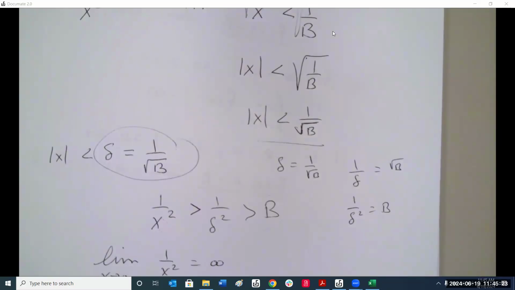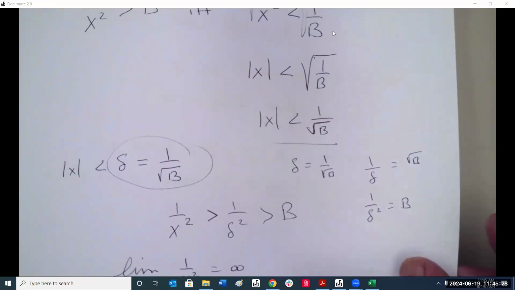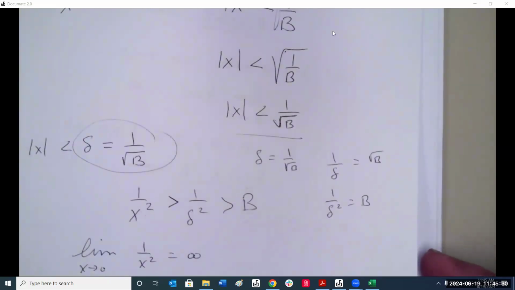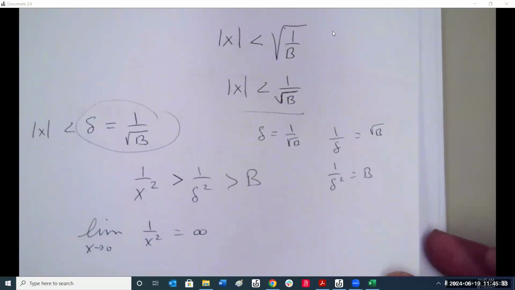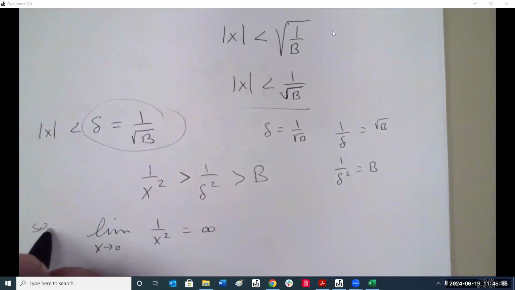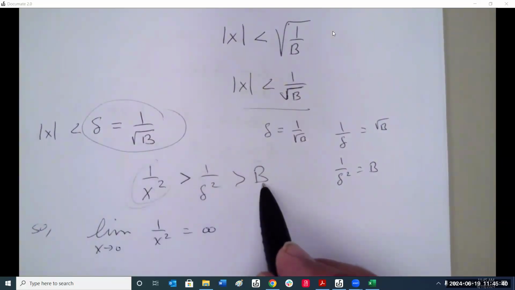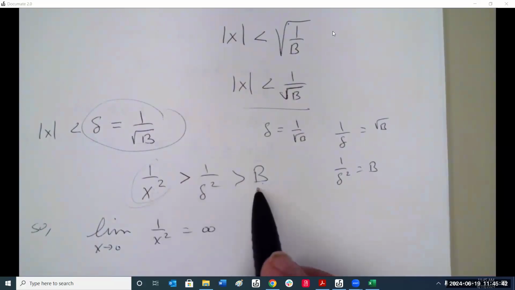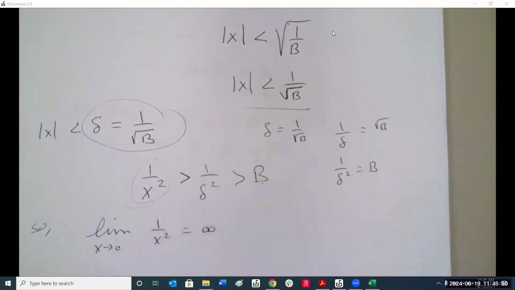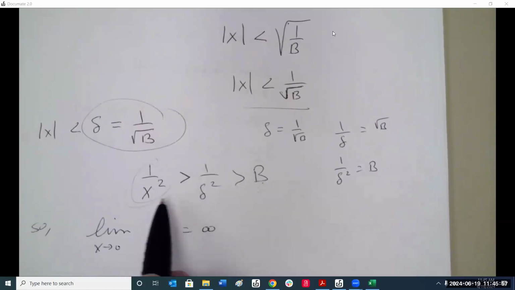It goes to infinity. So I can make b as large as I want to. That's what I'm trying to prove, because no matter what value b I pick, this number is always going to be larger than b. So as this one goes to infinity, this one goes to infinity.